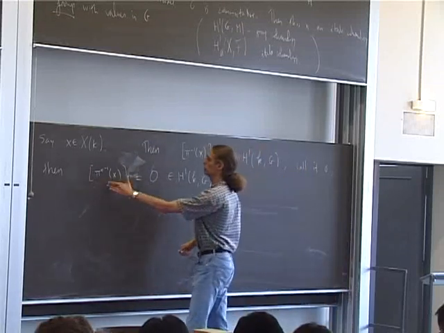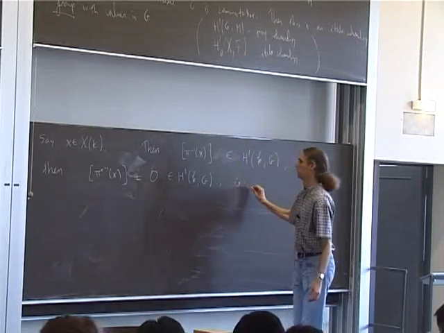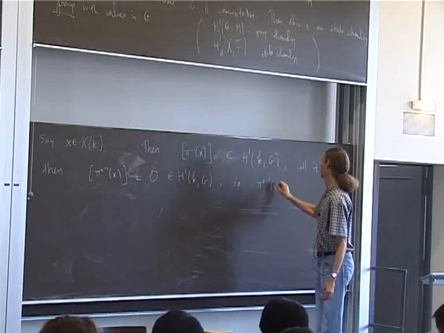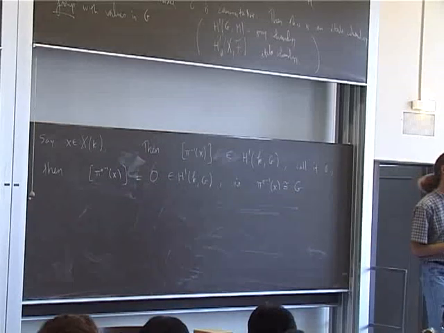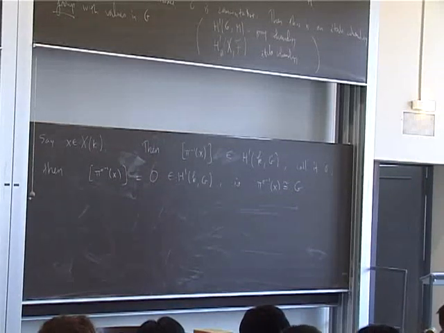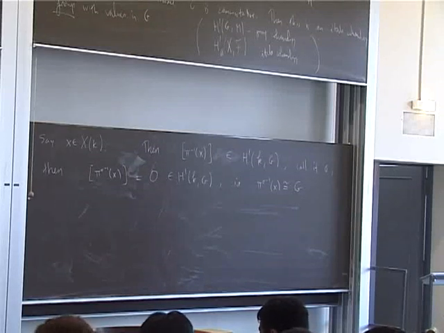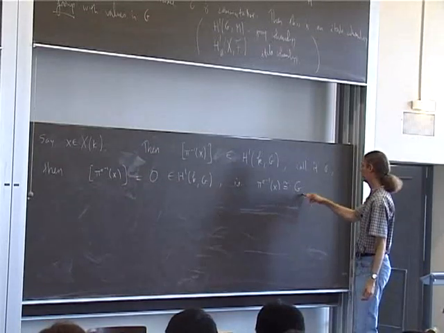So it's the trivial G-torsor, and so it has, well, at least we can be confident that it has the identity element. So it has at least one point.